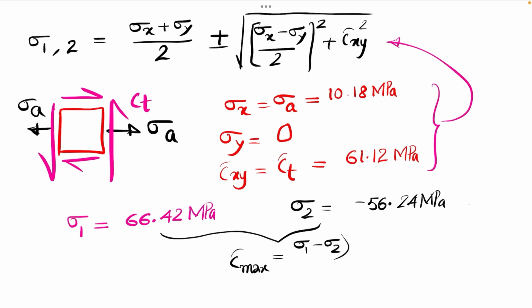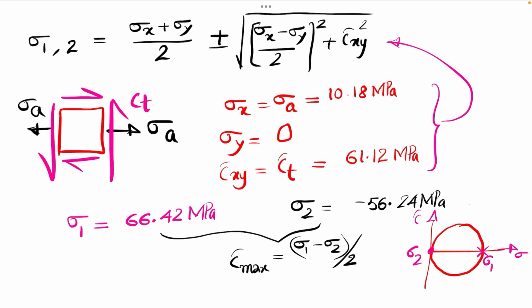This equation you will get if you know the Mohr circle. Suppose the Mohr circle is of this shape, then here we mark the normal stress and here we mark the shear stress. This point will be sigma 1 and this point will be sigma 2.